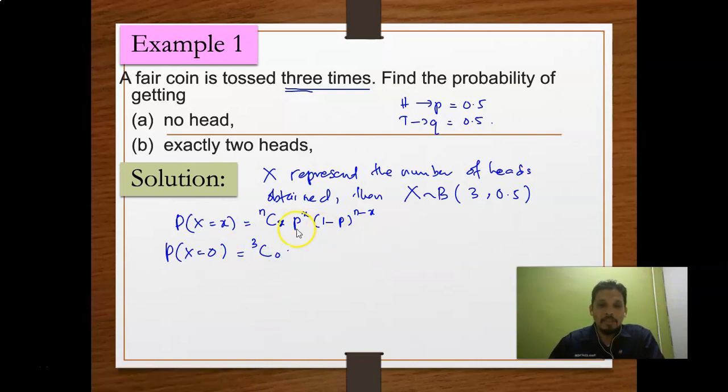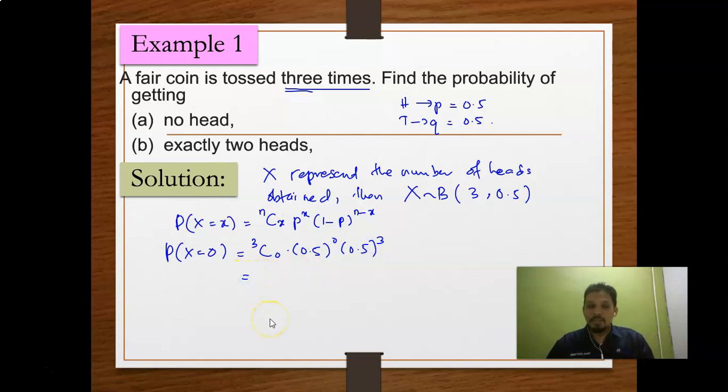3C0, and P is 0.5 to the power of x, where x in this case means no head. Recall, when we toss the coin, we don't get the result of head facing our eyes, so it is 0. Then 0.5 to the power of n minus x, 3 minus 0 equal to 3.